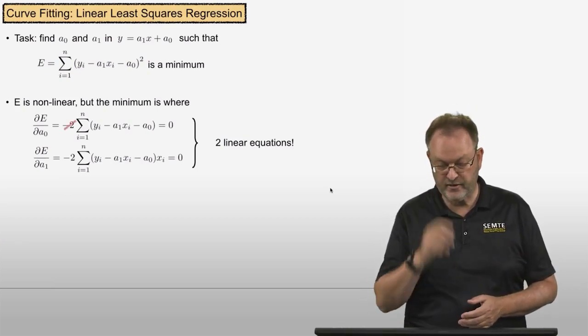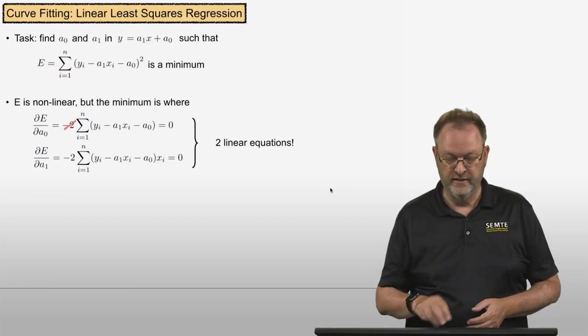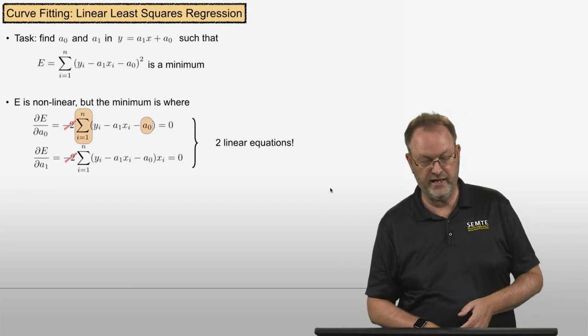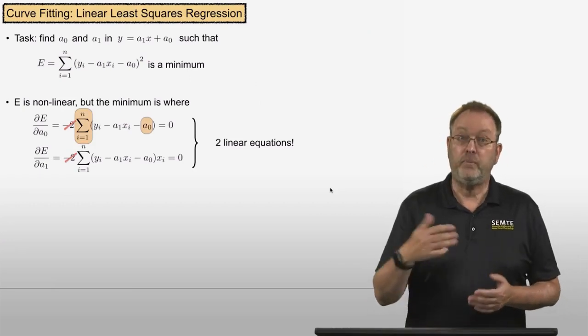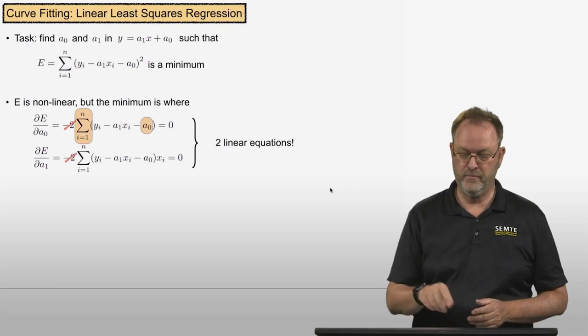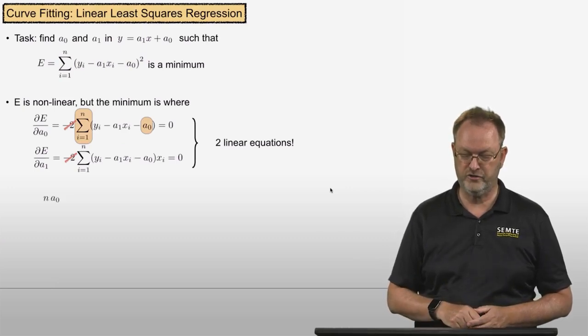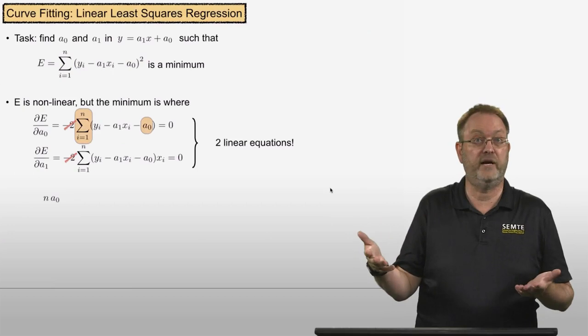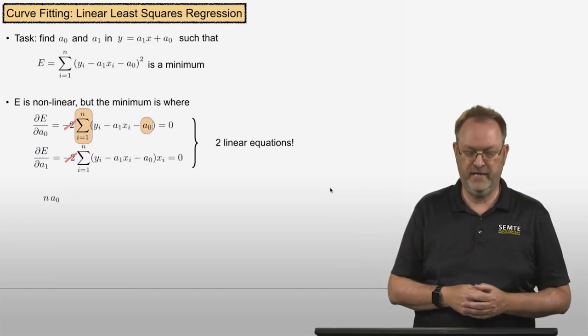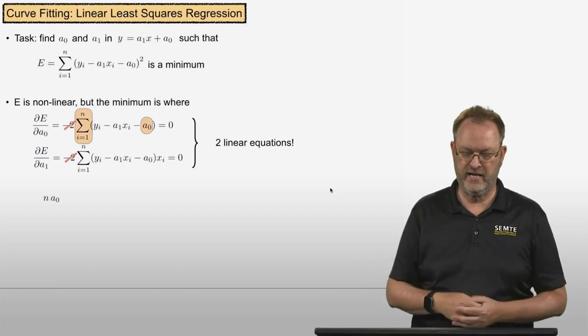So let's simplify these equations. I can divide the first one by -2, and the second one I can divide through by -2 as well. And let me now apply the sum operator to the parentheses. So the sum applied to the a0 term: a0 is one value, but I'm summing this n times. So that would be n times a0.